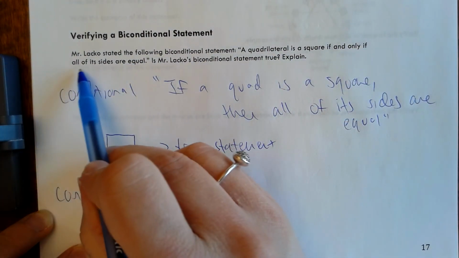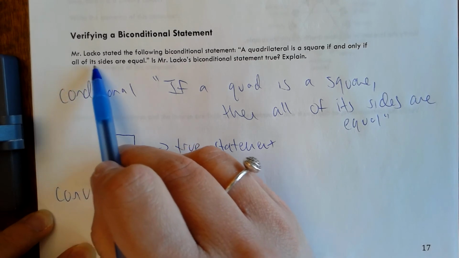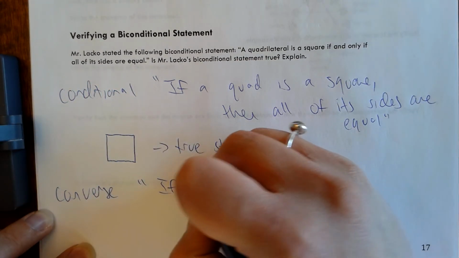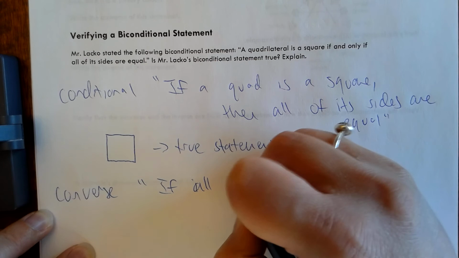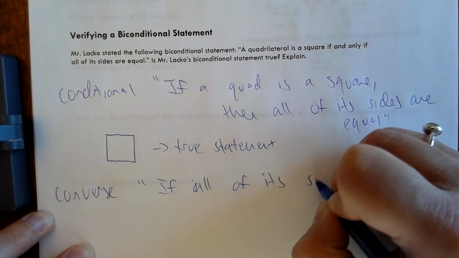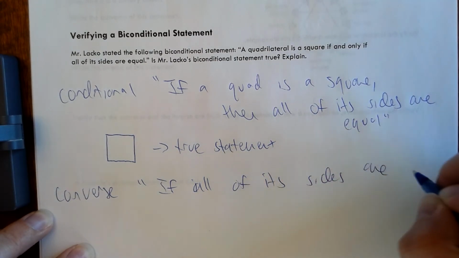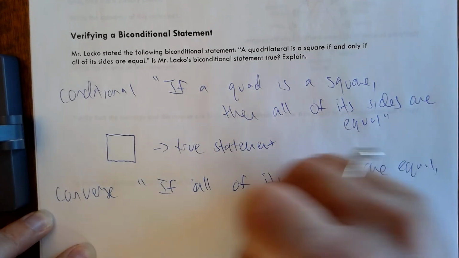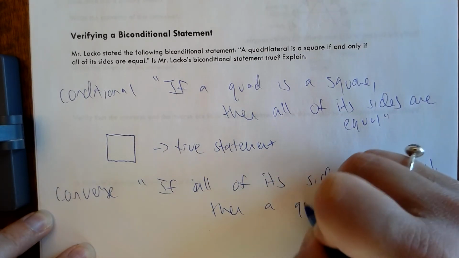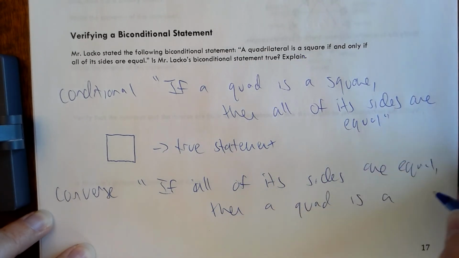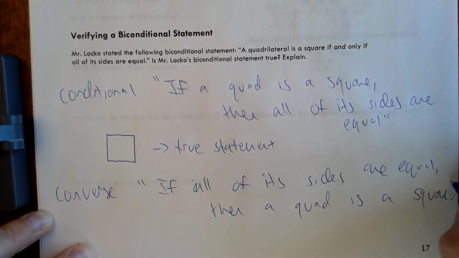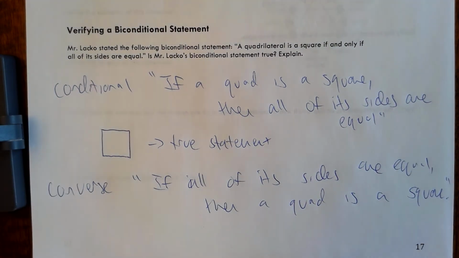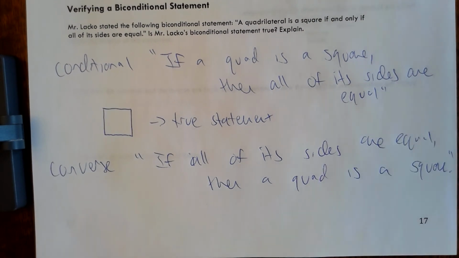If all of its sides are equal, then a quad is a square. Now we have to decide if that one's true or not. If it's true, then this whole thing is biconditional.